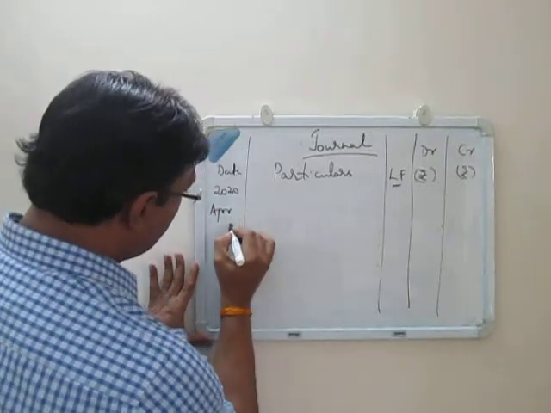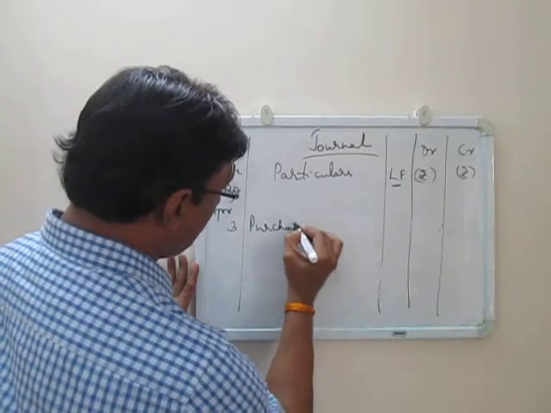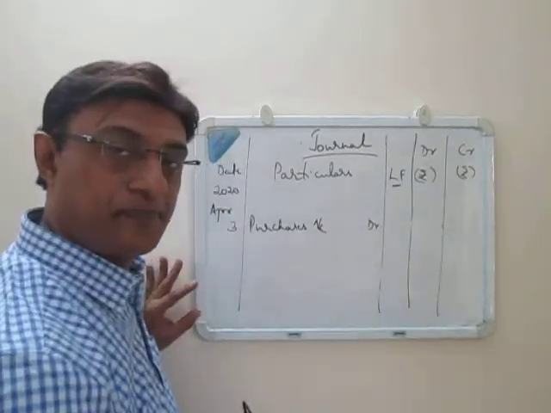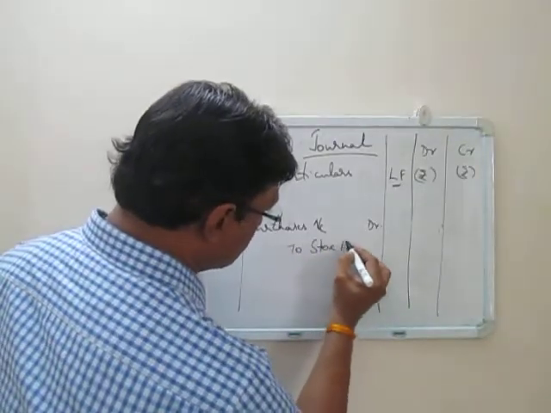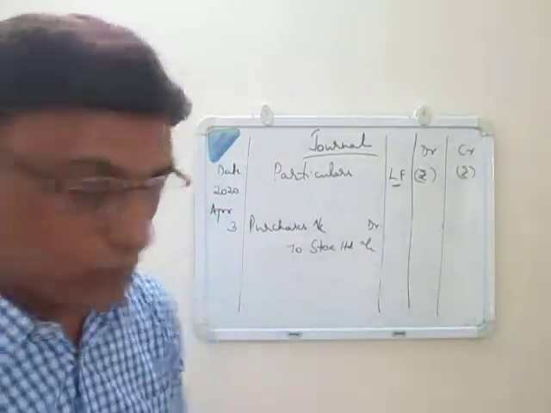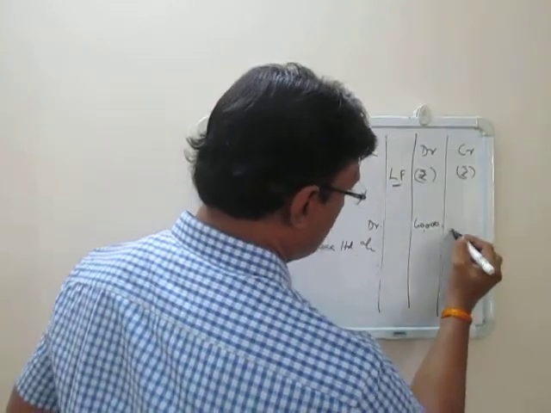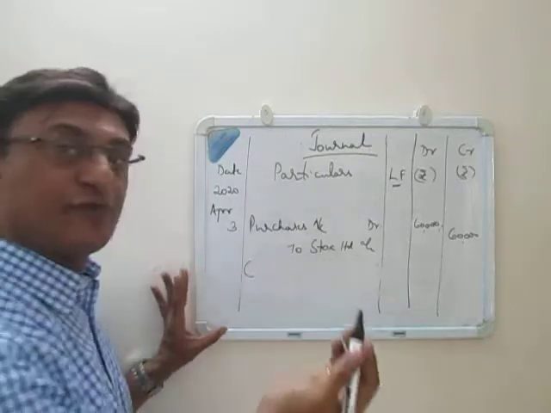Let us say it is the April 3rd. Purchases account Dr. to Stocks Limited account, and the amount was 60,000. We mention in brackets there the narration for it.